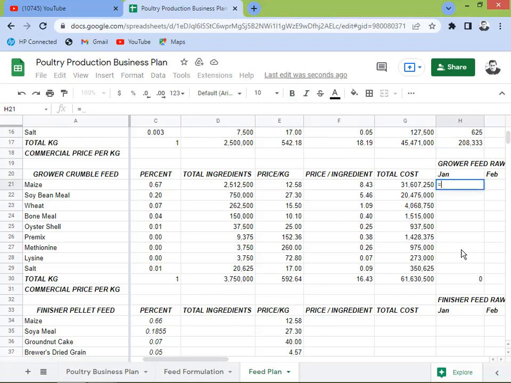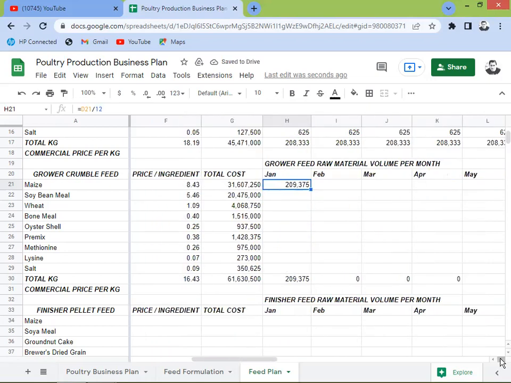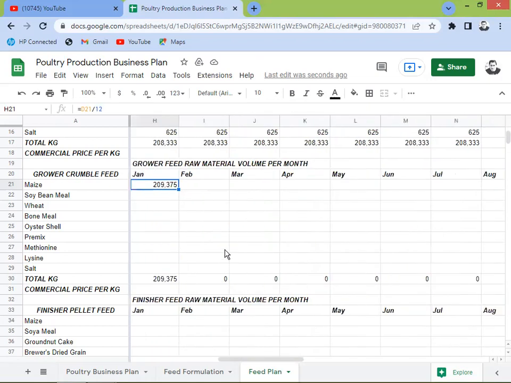Now we're going to get the monthly, which is just the ingredient divided by 12 months. Let me move it to the right so that we'll see much clearer, then move it down. We're going to fix the absolute cell reference, F4.